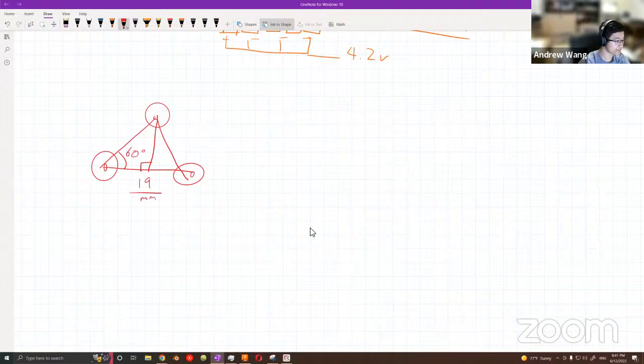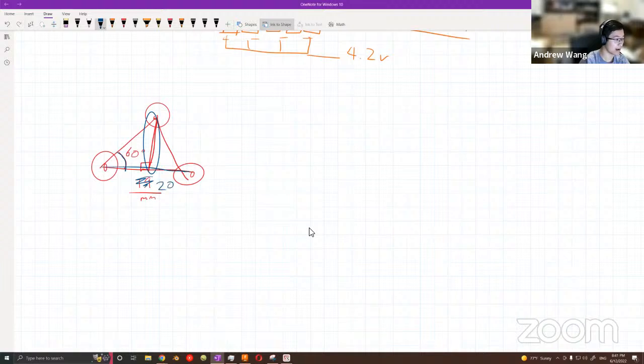How far up is this line right over here? Can anyone answer that for me real quick? So I have this line over here. I have 60 degrees of angle over here. And this bottom line over here is 19 millimeters, or actually scratch that, I'm going to make that 20 millimeters. 20 millimeters from here to here.